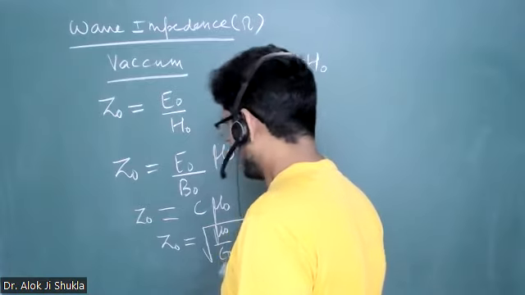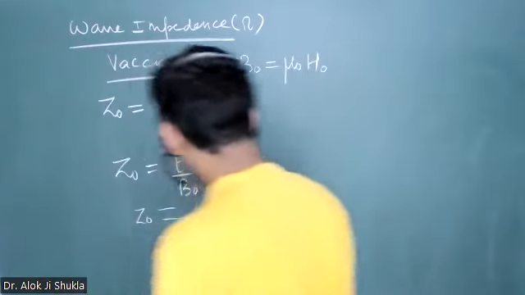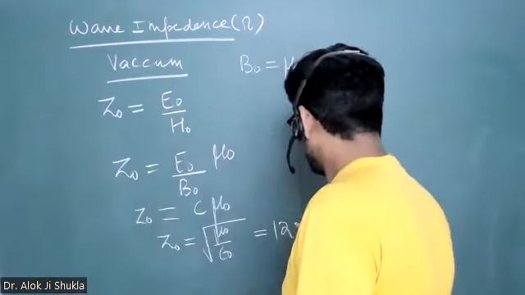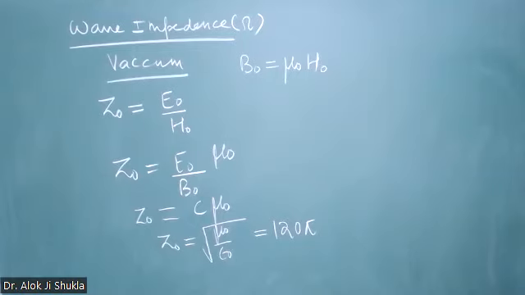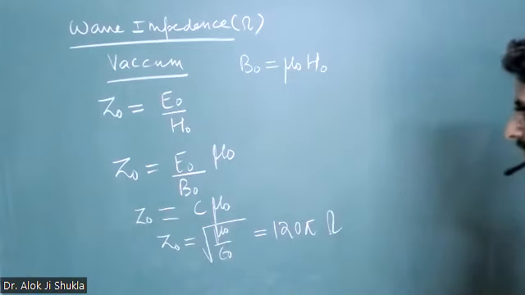Okay. And when you put it, it will become 120 pi. So this is the impedance of electromagnetic wave, because dimensionally you will see that this quantity is resistance dimensionally. So this is 120 ohm.